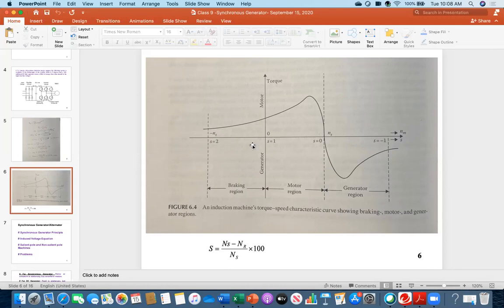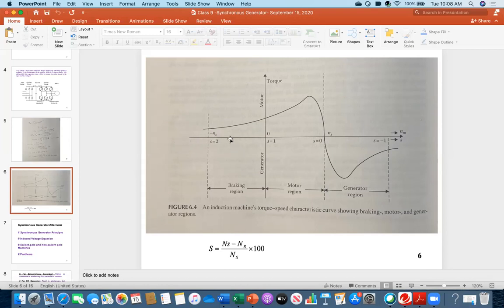They interchange any two leads, any two lines. Then your phase sequence will be changed and the motor will start rotating in the reverse direction. Reverse direction means gradually it will lose its torque and then at some point it will stop.